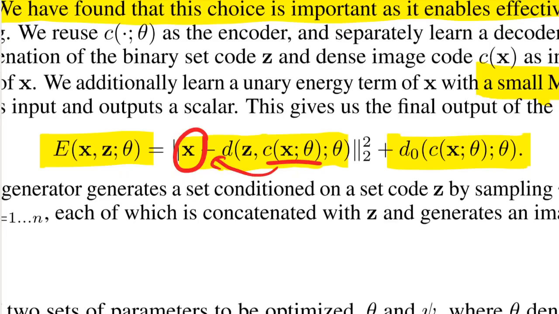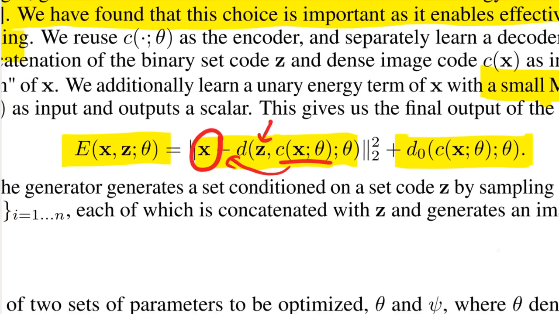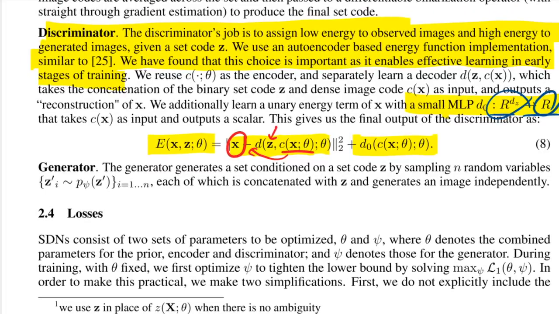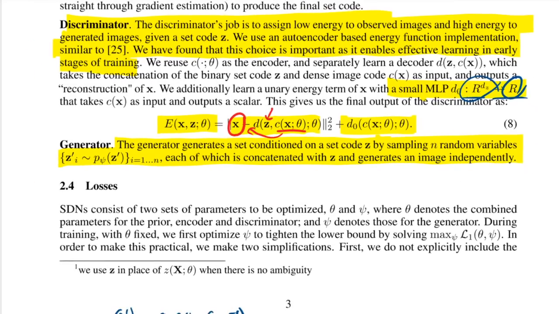And it's not the same as the generator that is just asked to produce some view, something that corresponds to this particular identity vector. Okay, the generator generates a set conditioned on a set code by sampling random variables, each of which is concatenated with Z, and generates an image independently. Cool.